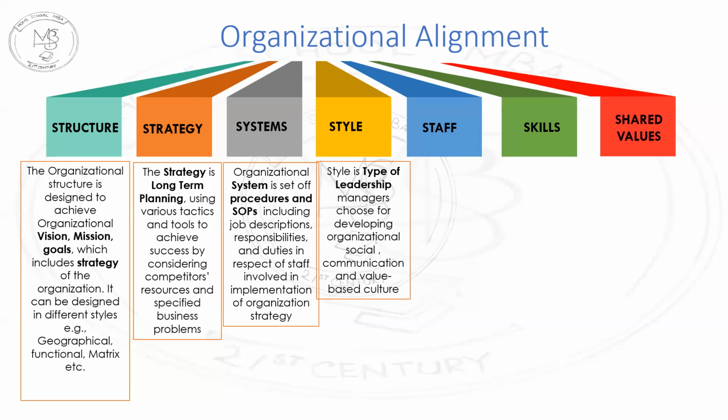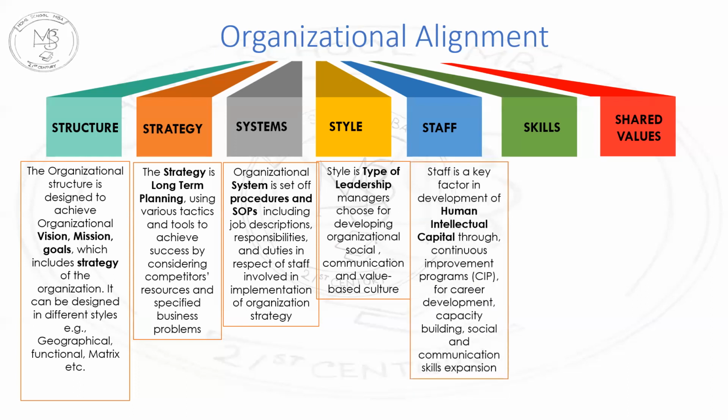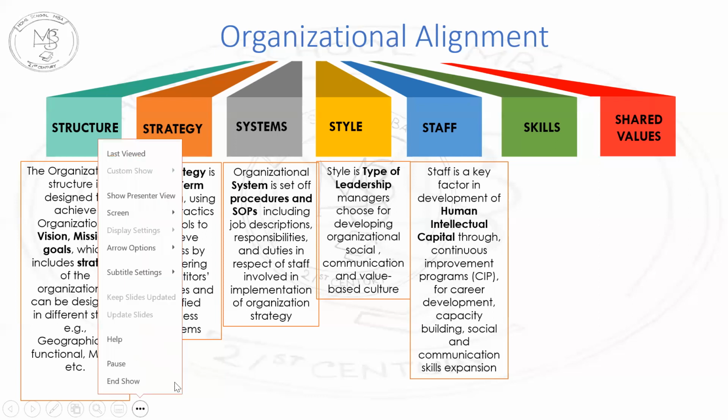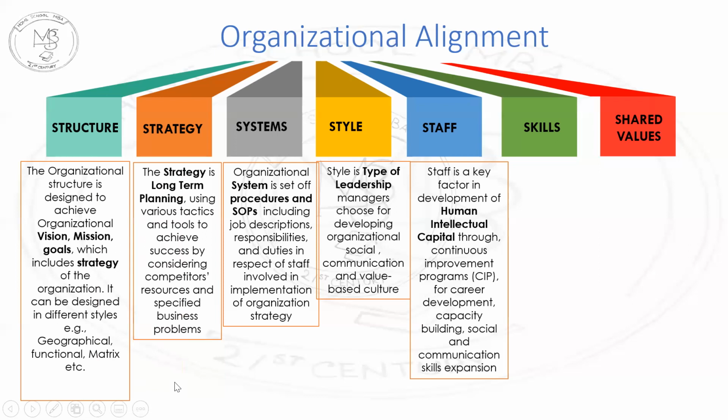And now when we are talking of styles and leadership, the style is adapted for the staff, because the staff has to be directed, the staff has to be led either from the front or from the back or within a certain situation. So staff is a key factor in development of human intellectual capital.